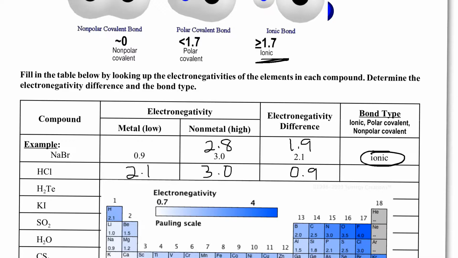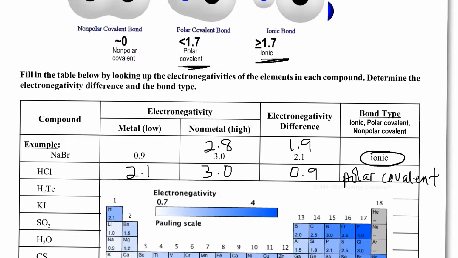And that value is less than 1.7. It's definitely not about 0. So this is not equal sharing of the electrons. Therefore, this is a polar covalent bond. Okay, don't be lazy and just write polar. It is polar covalent. And then the other type would be nonpolar covalent.